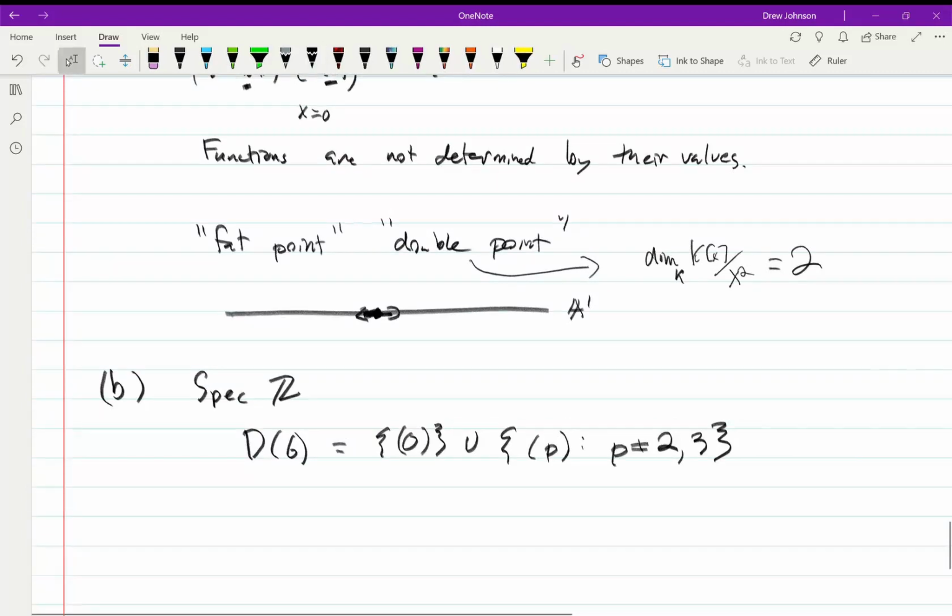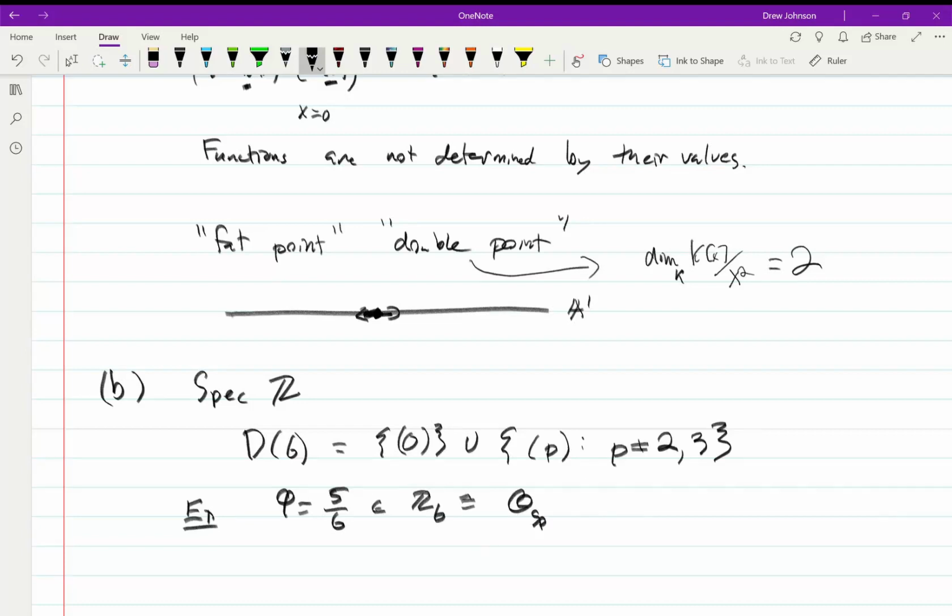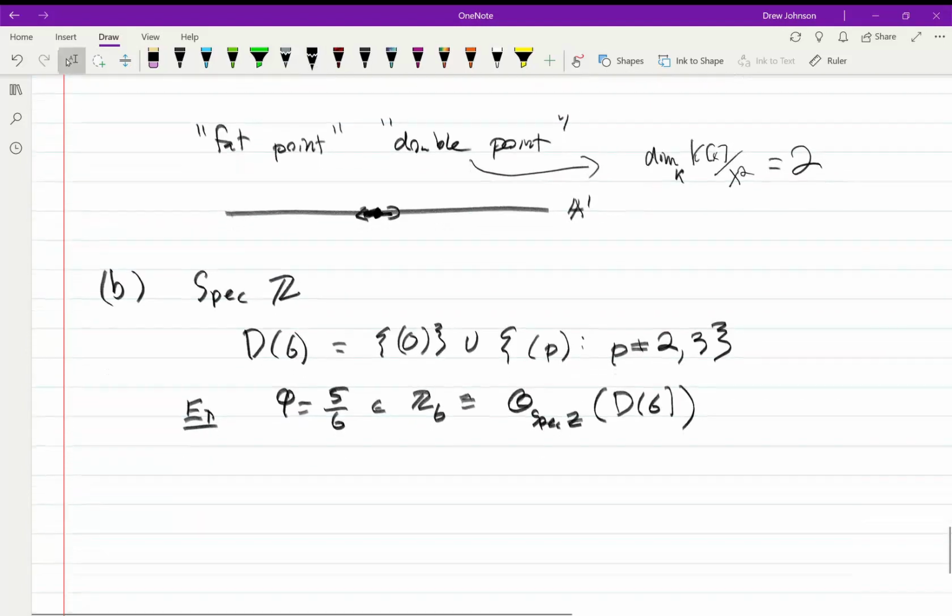Okay, and so let's think of a regular function. Let's just take an example: phi could be 5/6. This is in the ring Z localized at the element 6, so we think of this as being an element of O of spec Z on the open subset D of 6. Let's try to evaluate it at a few points.